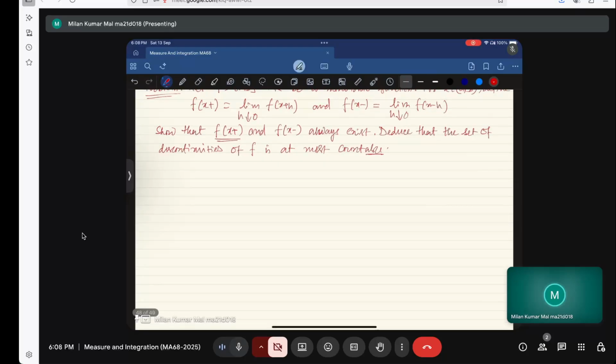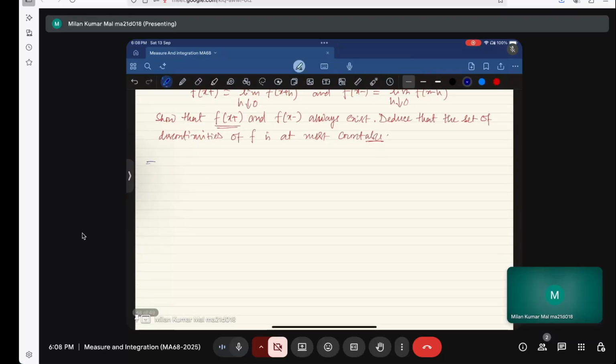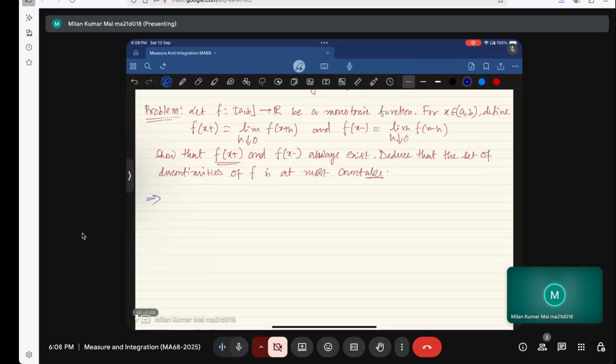So that means we have to show that the limit as h tends to 0 of f(x+h) exists. How will we show that? One thing, f is a monotone function.